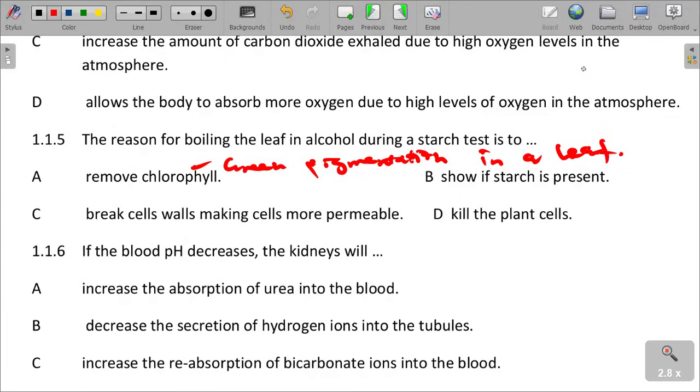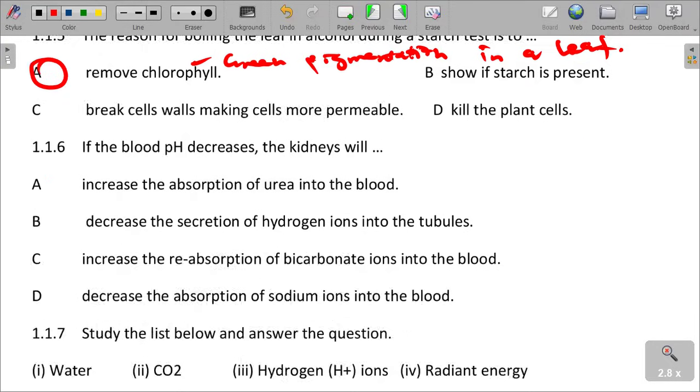Boiling the leaf in alcohol helps to remove the pigmentation, which is chlorophyll. Therefore, we can see the result of the starch test with the iodine solution and all those. So it is done in order to remove chlorophyll.